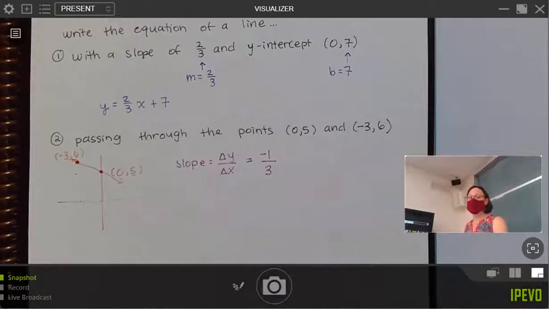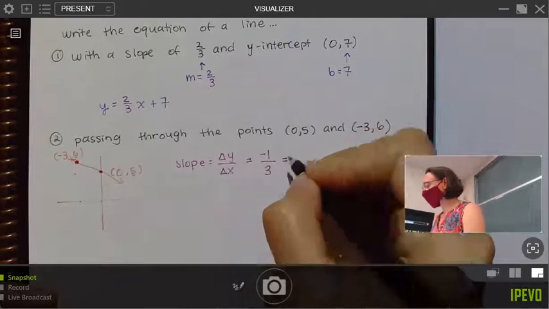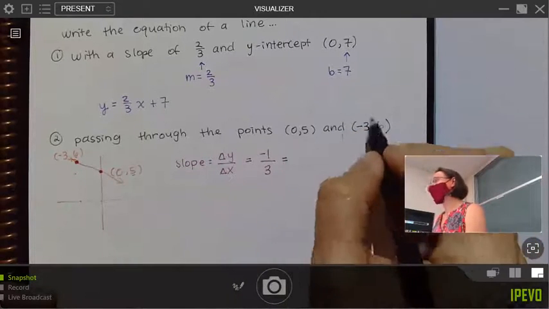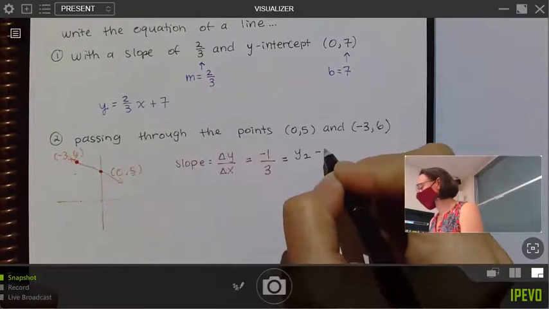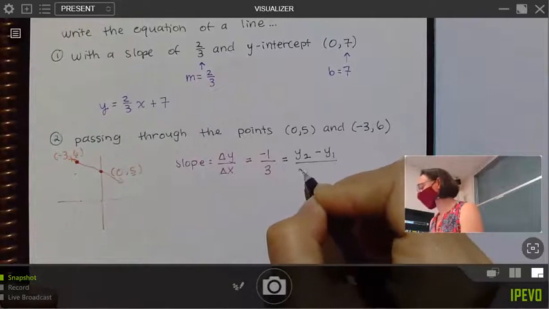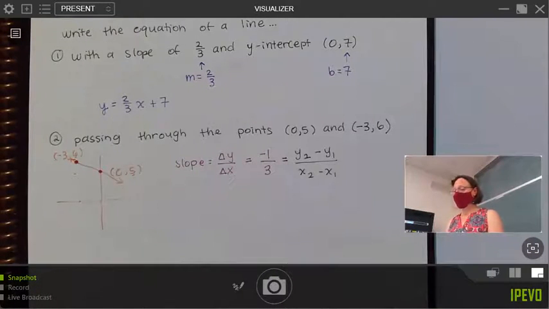For those of you that really prefer a formula, formulas work too. The way that I can get that change in y is by subtracting the two y values. So I'd end up with y2 minus y1 over x2 minus x1. I'm using those subscripts as notation.